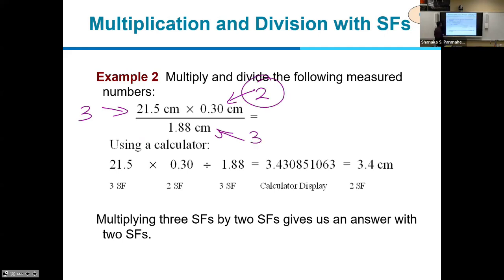So the fewest number of significant digits in the calculation is 2. The calculator displays 3.4305, with all those decimal values, but the correct answer is 3.4. This is going to be the correct answer into two significant digits. Any question?